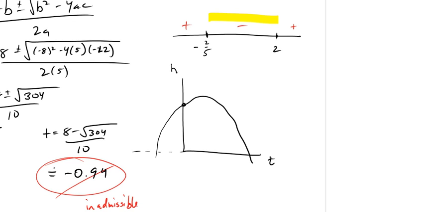One of my points is here, this is 2, and one of my points is here, this is negative 2 over 5, negative 0.4. So what's my answer here? That's above 8 between negative 2 over 5 and 2. Close. Not quite.